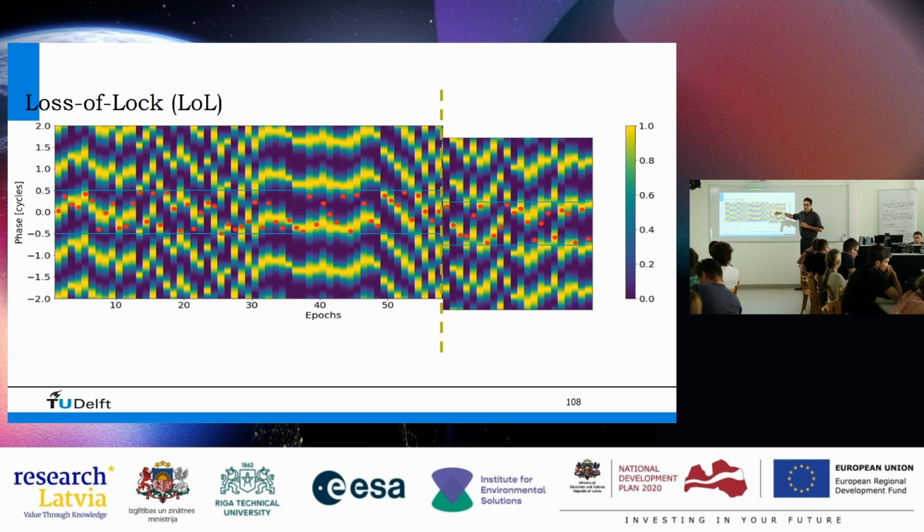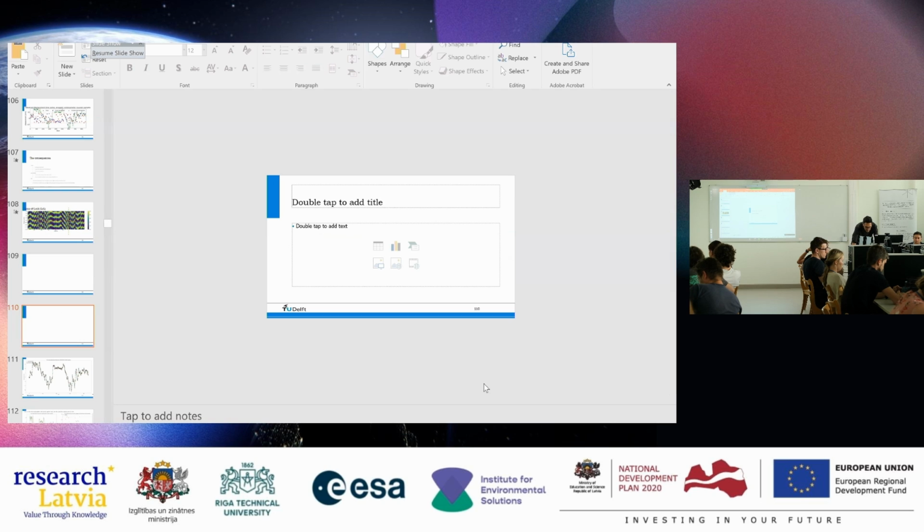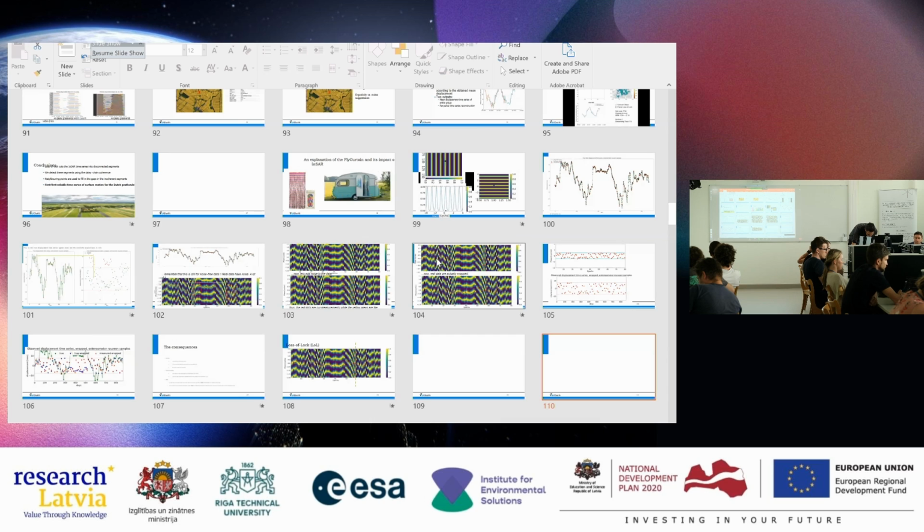I do get a phase value between minus pi and plus pi, but it would be very complicated from the phase values itself. You would simply draw a line through that, and that would be it. But if we know that we have a loss of lock, we cannot connect the time series. So the thing that I would like to show you now is what we did to tackle this problem, and that is, let me see.